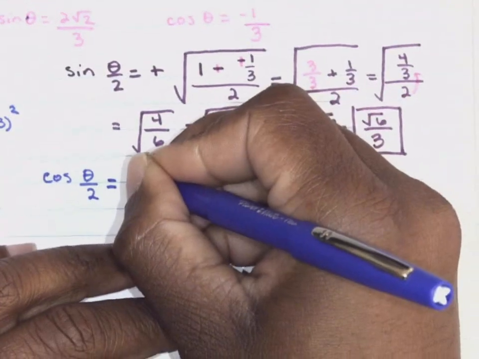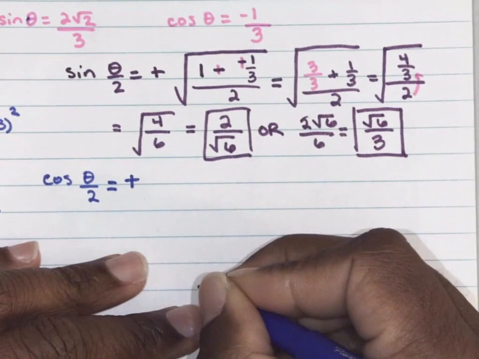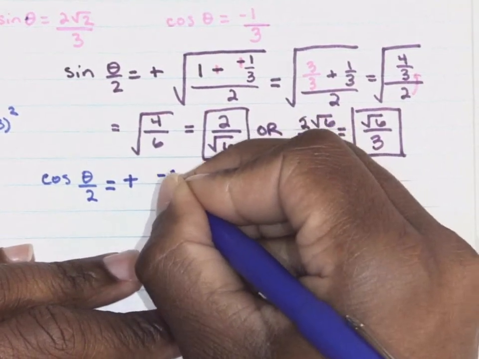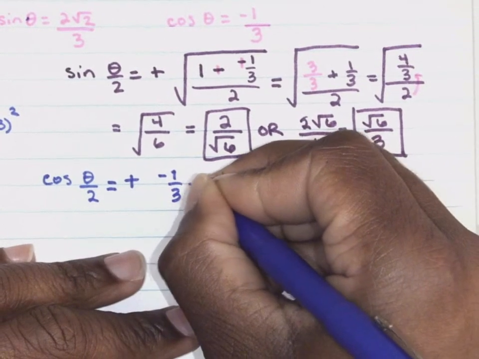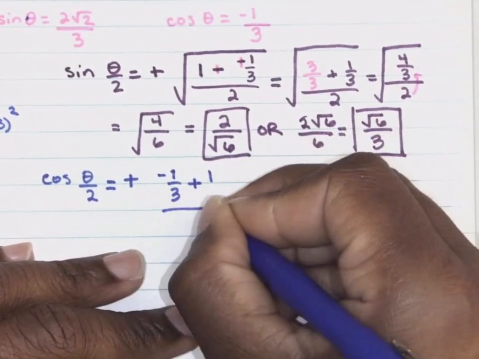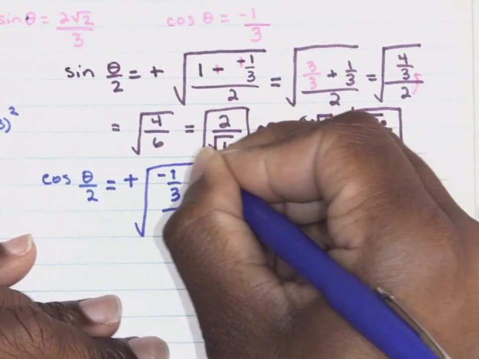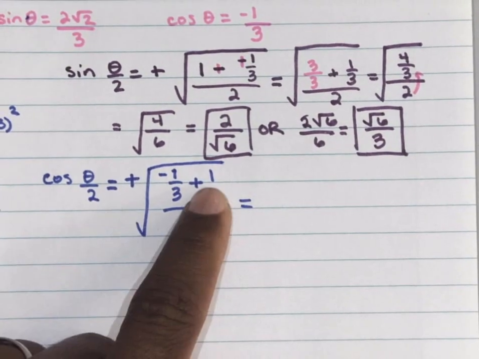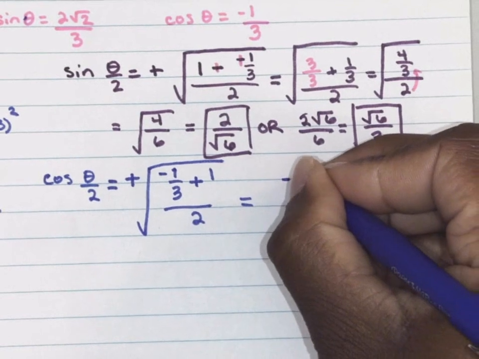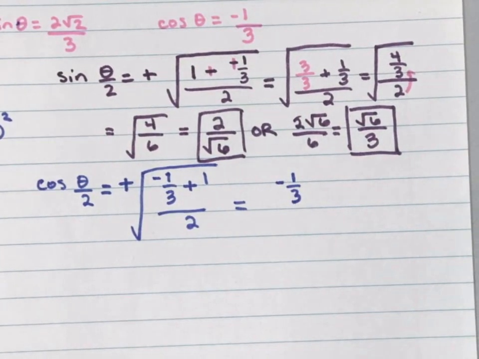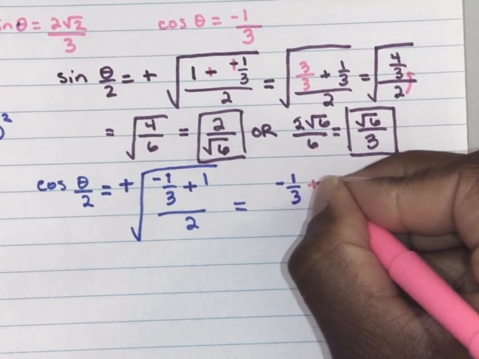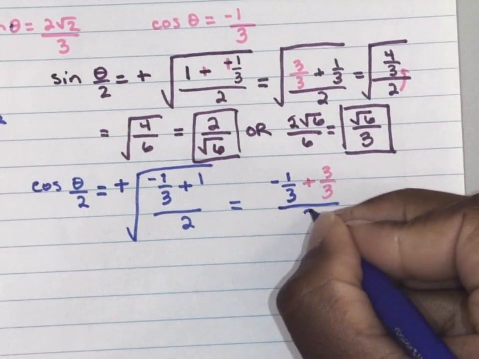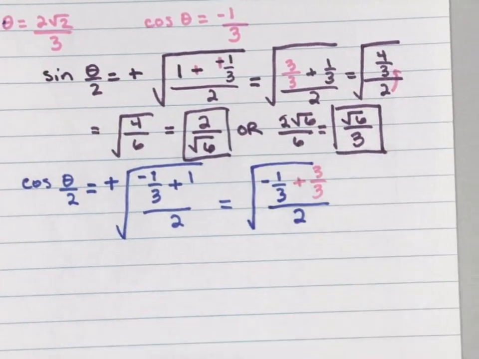Okay, in the first quadrant, so we choose the positive outcome. This time we got cosine's exact value plus 1 over 2. Need a common denominator for 1. So 1 will be 3 over 3, so plus 3 over 3 divided by 2 inside.